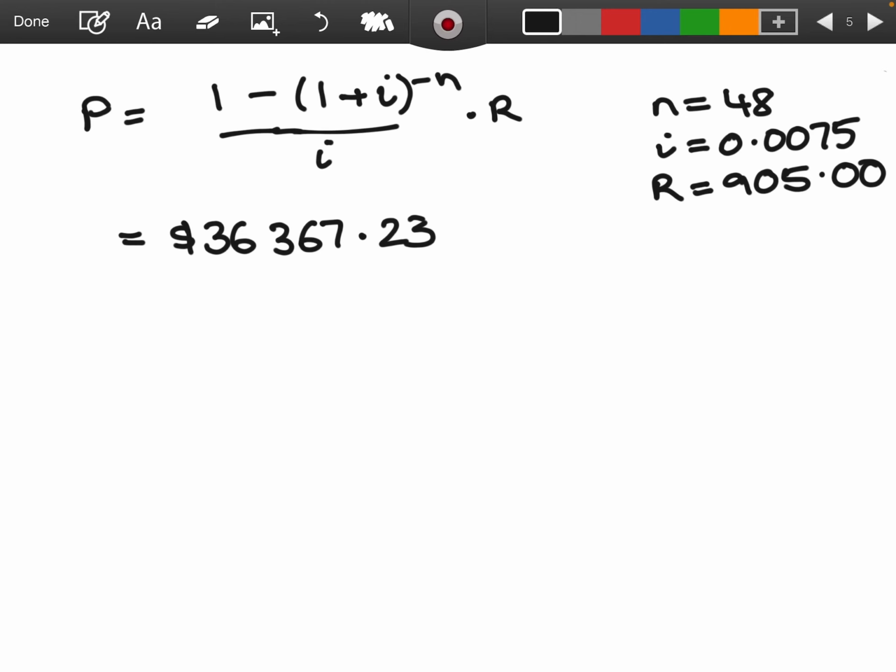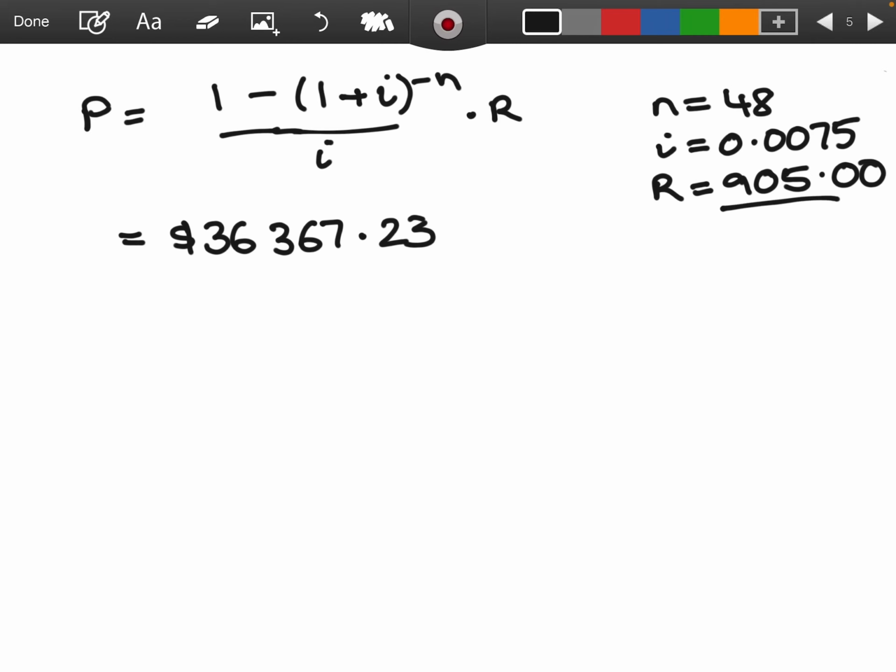That is because the majority of the $905 that you were paying each month was going towards interest, because you were paying interest on the unpaid balance, whatever the principal amount that was left was, every single month.